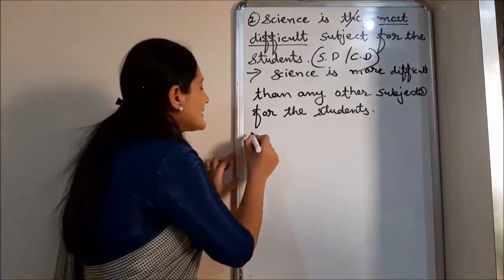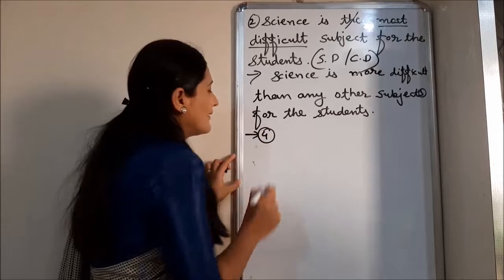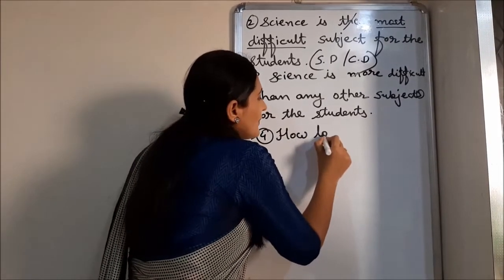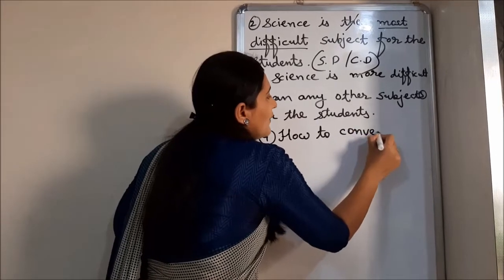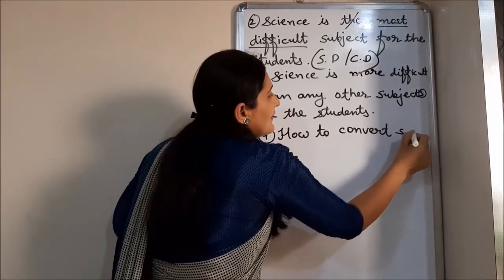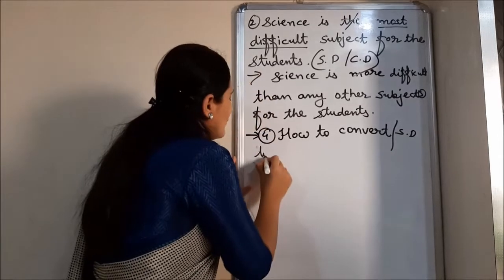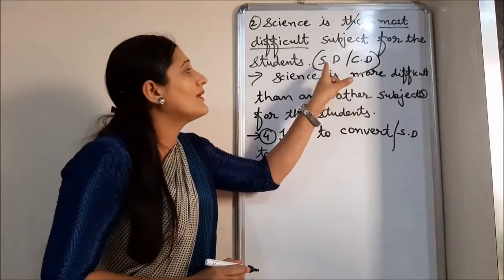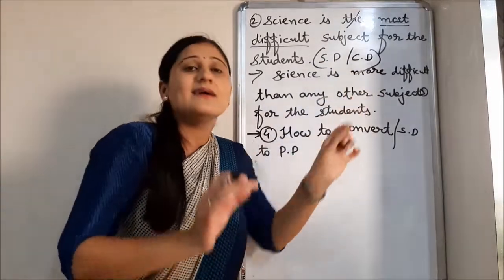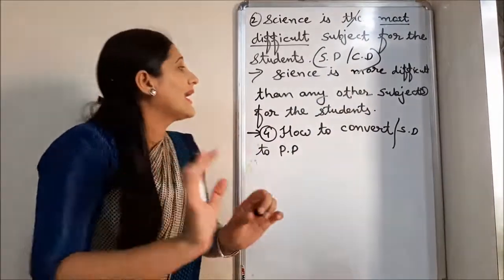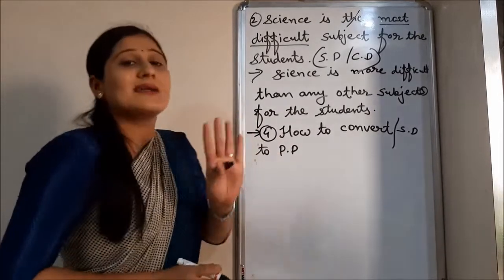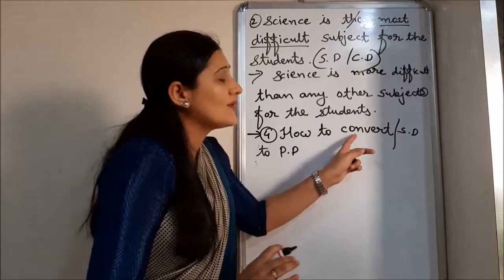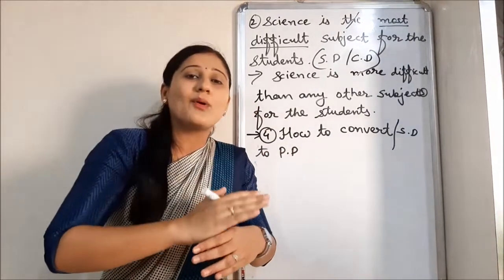So now let's take the 4th number method last, that is how to convert from SD to PD. This was about how to convert from SD to CD, superlative to comparative, and now I am going to start the last 4th method, that is how to convert from superlative to positive.